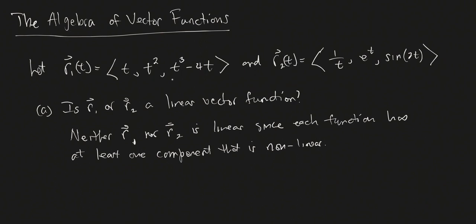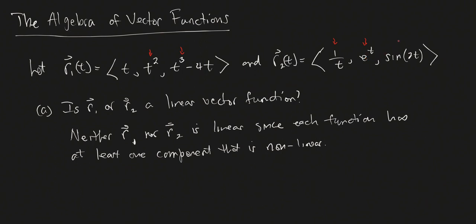In fact, this is a non-linear function. It's a quadratic. This is a non-linear function because it's cubic. This is a non-linear function because it is, you could say, the reciprocal function, or a power function where the exponent is not 1. This is an exponential function, not linear.